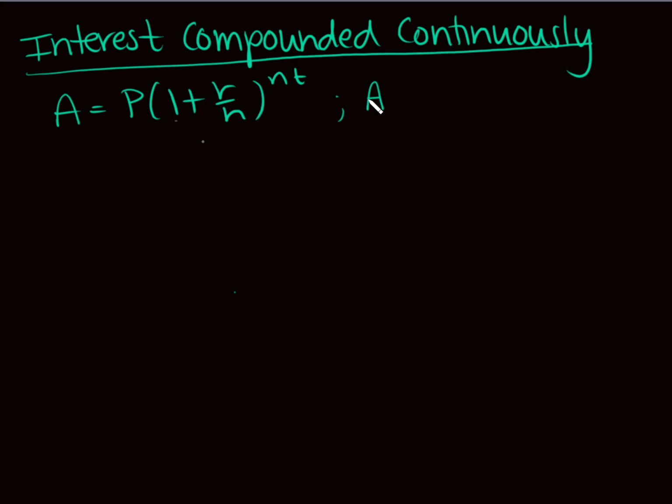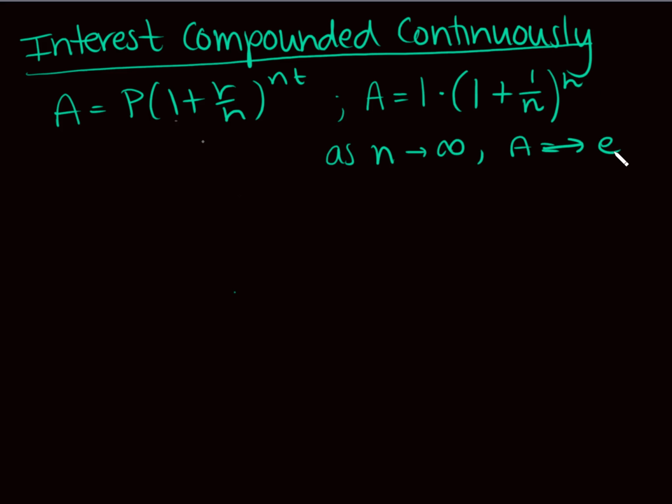So if you invest $1 at 100% interest, so that would be 1, N times a year for 1 year, as N goes to infinity, A is going to go to the number e. And you can plug in a bunch of N's and you can figure out that this goes to e. So interest compounded continuously, that's where we're going to get the same formula. That is why that e comes into play.